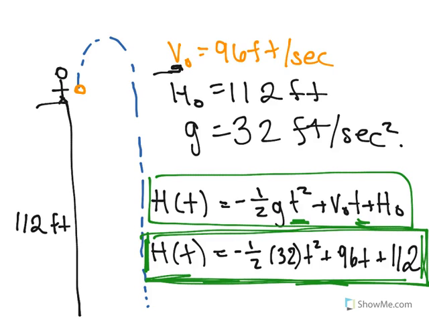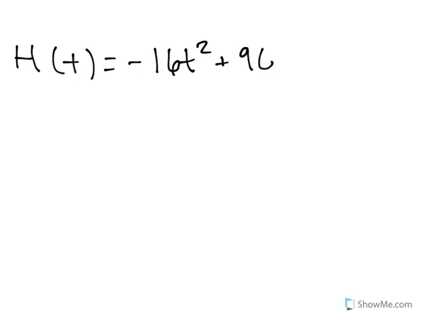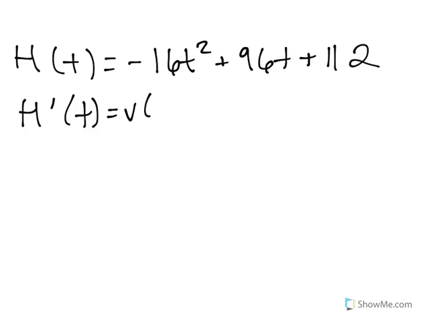And so our next question, to find the velocity: well, we found h of t to be negative 16t squared plus 96t plus 112. So h prime of t, that's the velocity at any given time, is just the derivative of that.